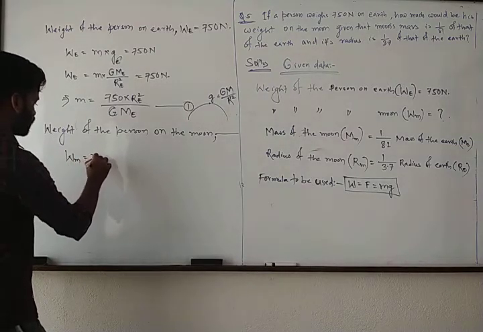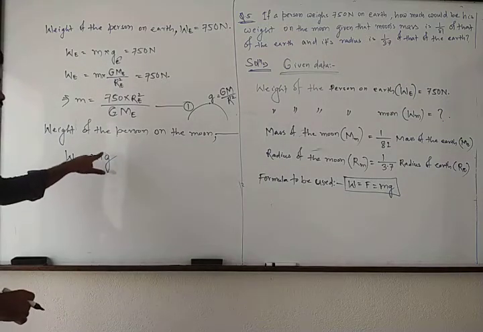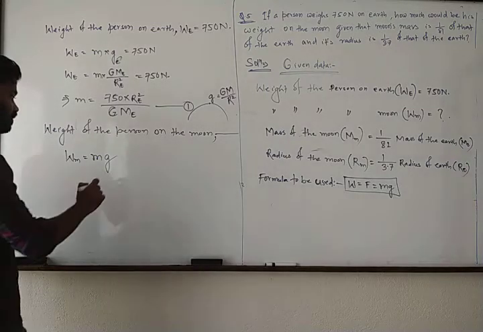It will be equal to mass into acceleration due to gravity, and this acceleration due to gravity should be the acceleration due to gravity on the surface of the moon.